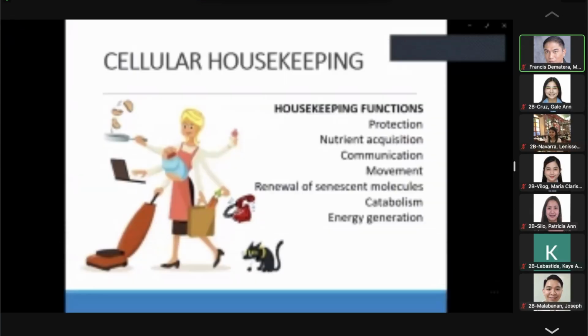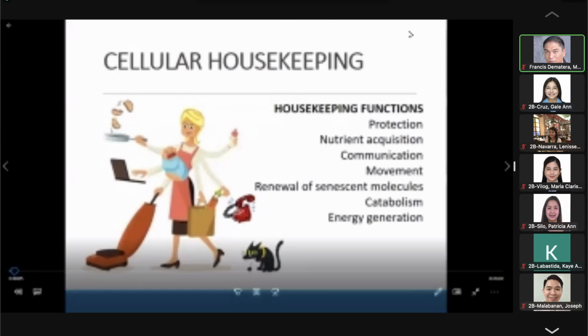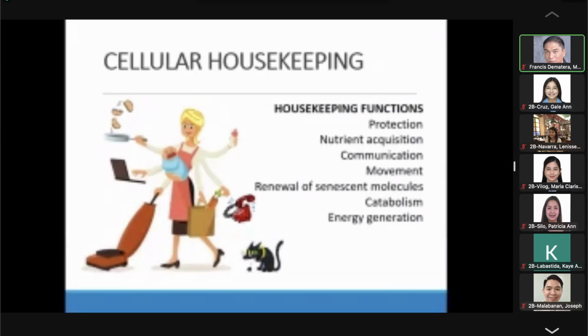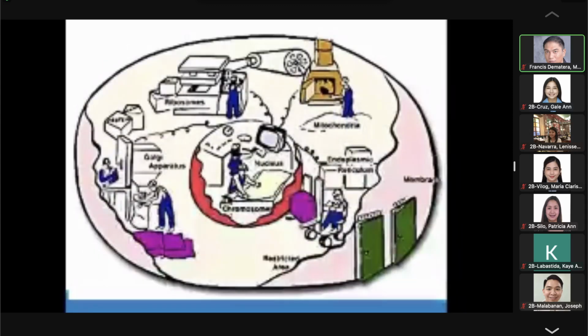For a cell to continue functioning normally and achieve intracellular homeostasis, each cell performs functions that will help maintain its viability. So cells are capable of tasks such as protection, nutrient acquisition, communication, movement, renewal of senescent molecules, catabolism, and energy generation.